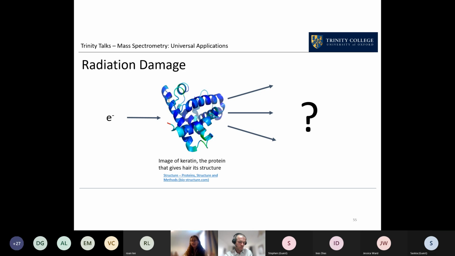And the overall idea would be if we can look at how, for example, proteins or your DNA interact with those electrons, we can understand radiation damage a lot better. We could maybe better track it to know how bad the exposure was, to better treat it and to better manage it.